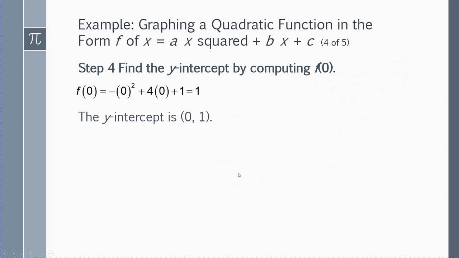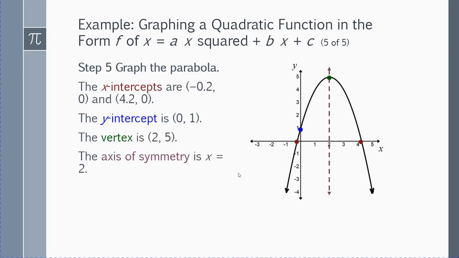Finding the y-intercept is very easy. You just plug 0 into the function and you're really just left with that c value. So the y-intercept is 0, 1. And then look, now you're ready to plot this, okay? So the first thing you're going to do is plot the x-intercepts right here. Then you're going to plot the y-intercept right there.